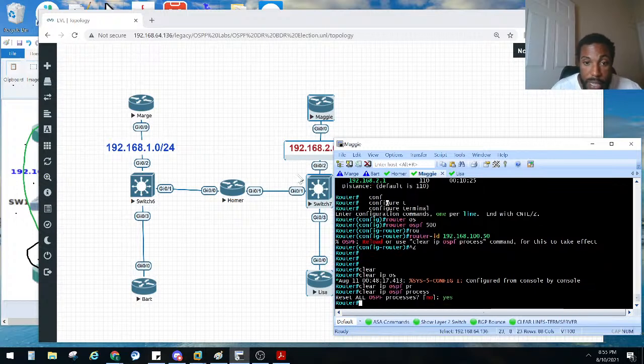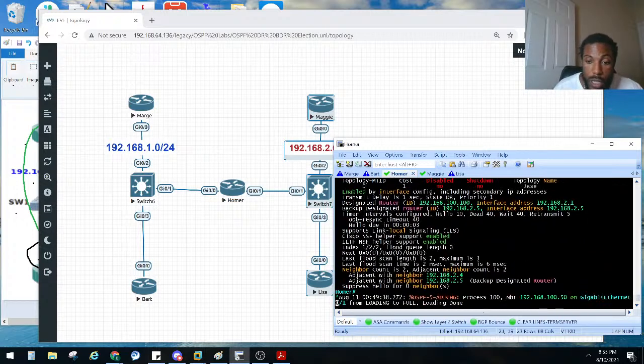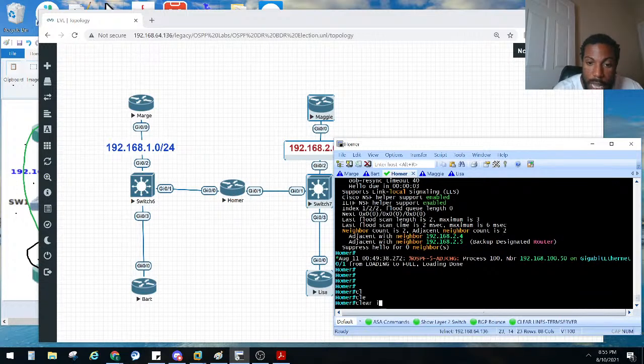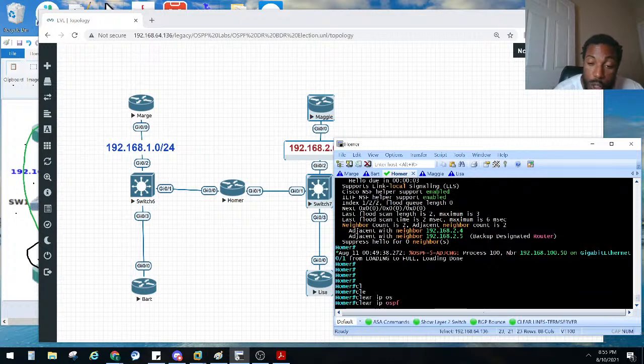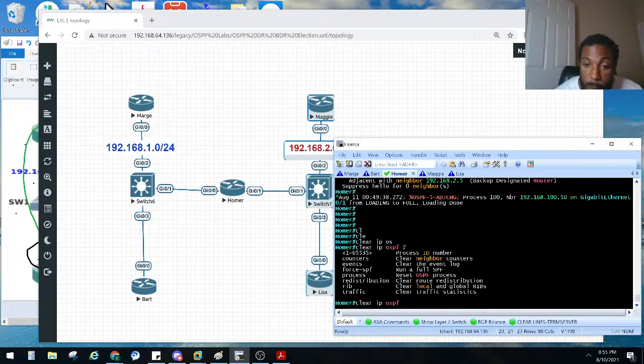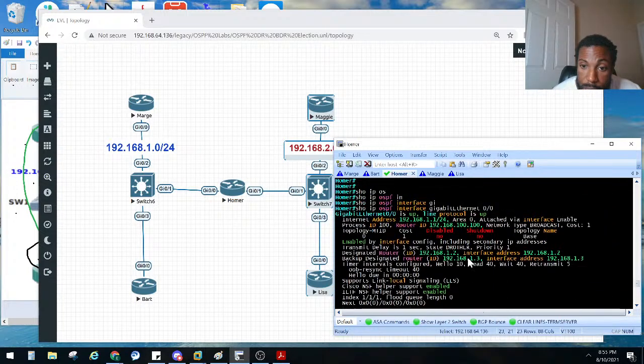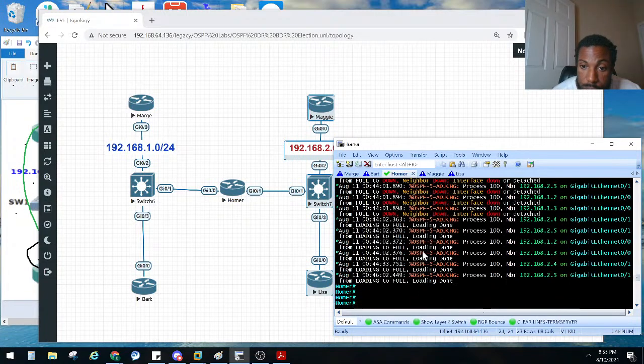Yes. Let's do the same thing on Homer. We're not going to clear the process on all routers, right? Well, there's only one process there, so it doesn't even matter. Clear IP OSPF. You could do it this way as well. Pick a specific process, which in this case is 100.